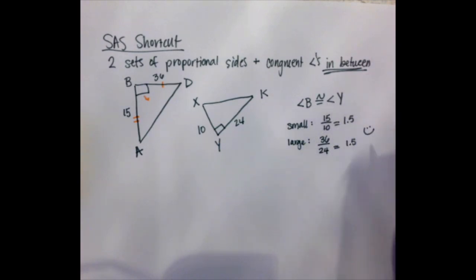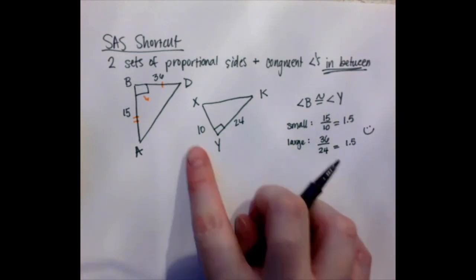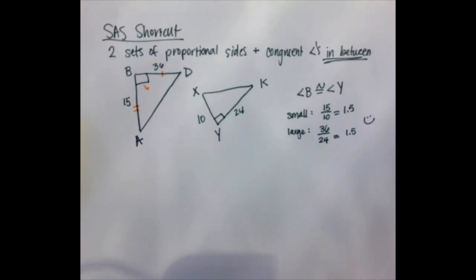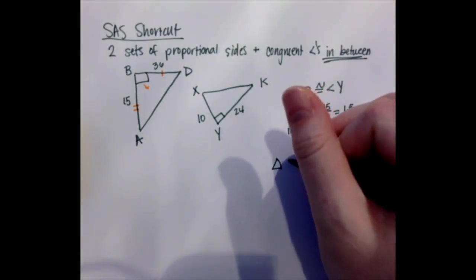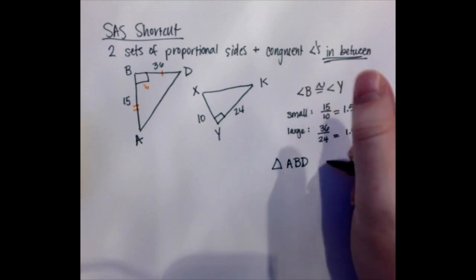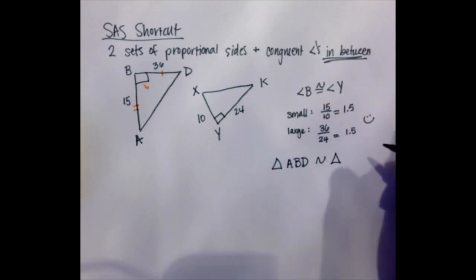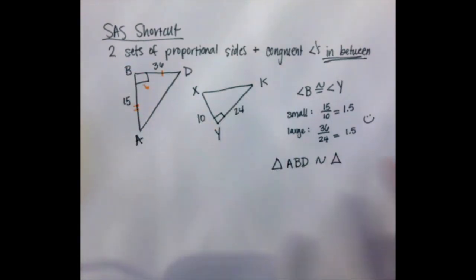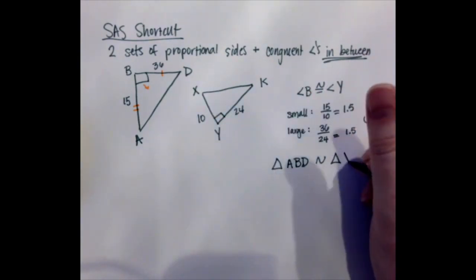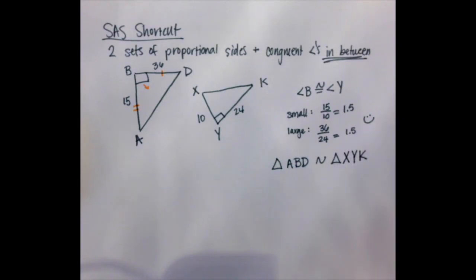So these are proportional as well. So I have my sides are proportional, my angle in between is congruent, so I know that triangle ABD is similar to triangle, and again, you got to match them up. So A to B was the smaller of the sides, and so we want to do X to Y. So X, Y, K.